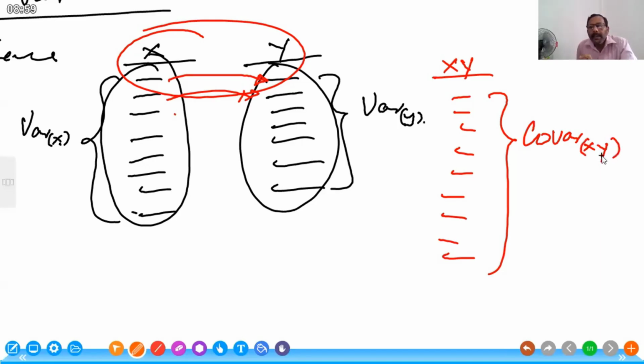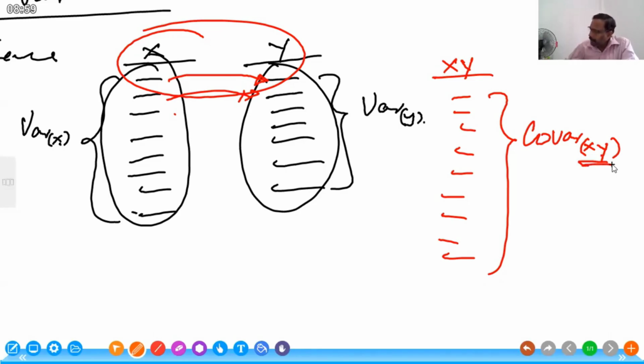Is it clear? Do you know the difference between variance and covariance? Variance means we are dealing with only one variable at a time. Covariance means combining the variables. Here we are going to look at only two variables.